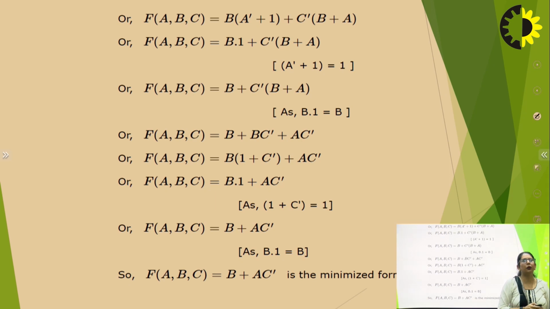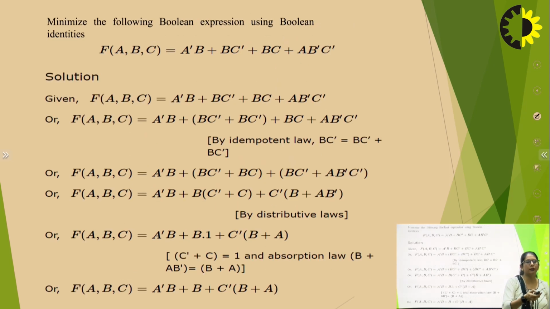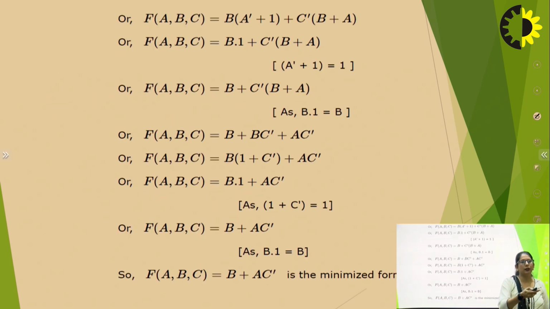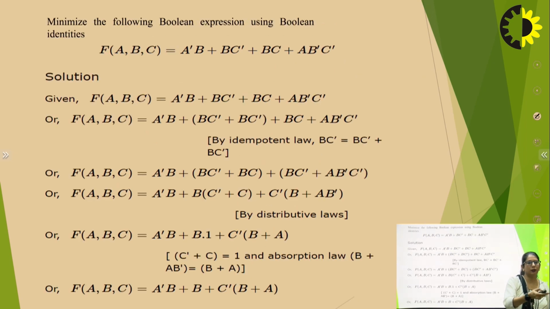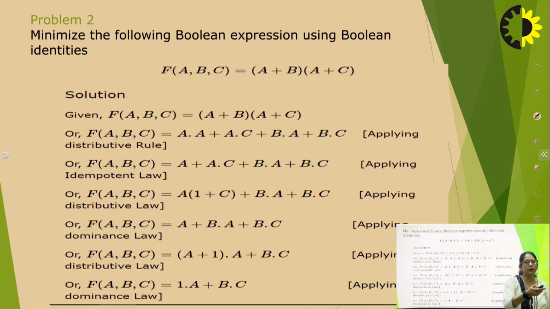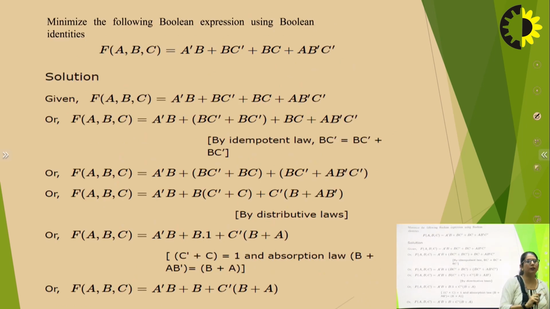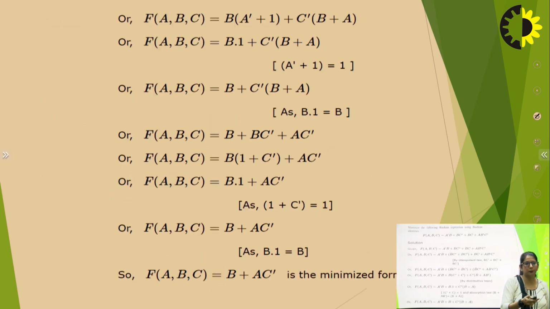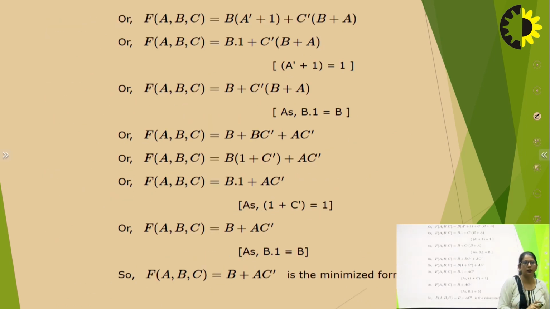Now, continuing with that expression, what we basically do here: b is taken common from the first two terms, and inside what is left is a bar plus 1. Previously we were having c bar with the bracket b plus a. Similarly we have written here. Now 1 plus a bar: if we know that if 1 is added to any variable, then the outcome will be 1. So we will put it here simply. We are having b.